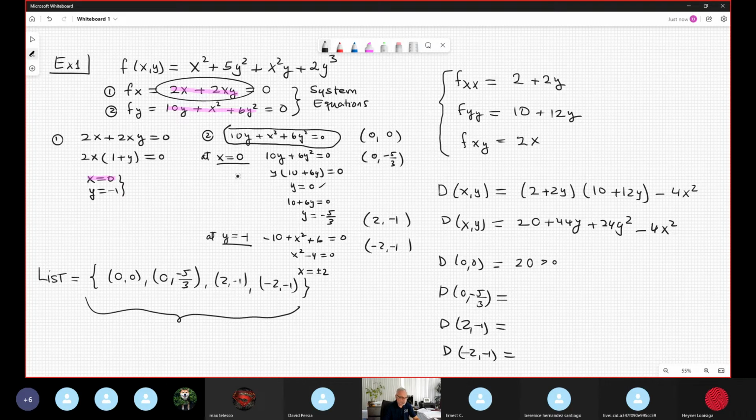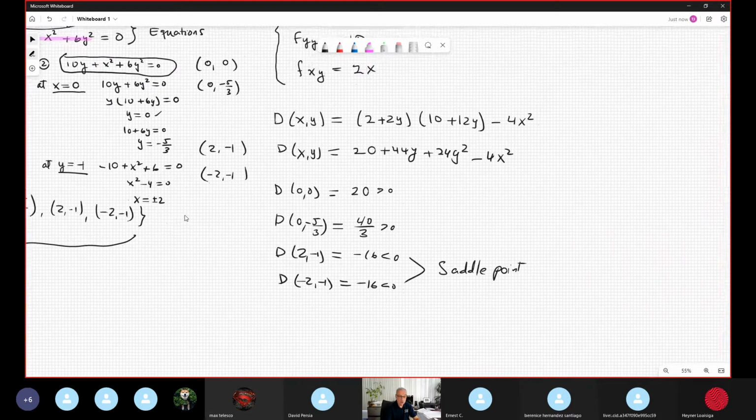The other is 40/3, also positive. And the other is -16. Negative. Automatically, when you get a negative discriminant, the classification is saddle point. Cool.